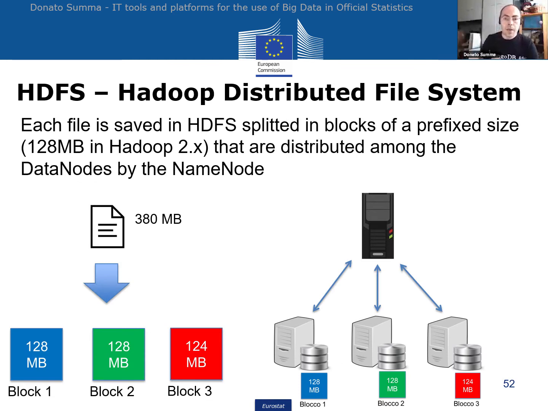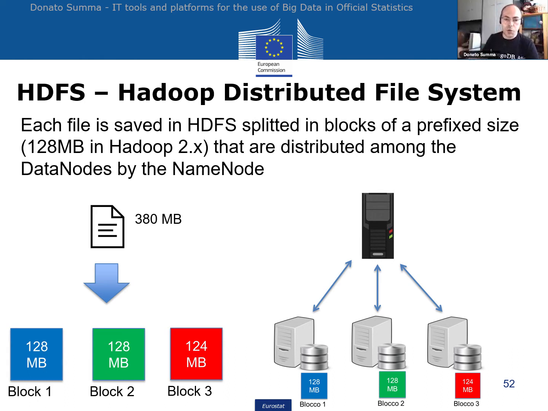Now, each file saved in the Hadoop file system is split in blocks of a prefixed size that are distributed among the data nodes by the name node. So, for example, if we have one file of 380 megabytes, it will be split into 3 blocks.